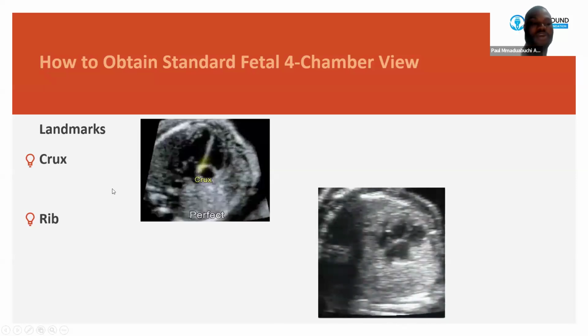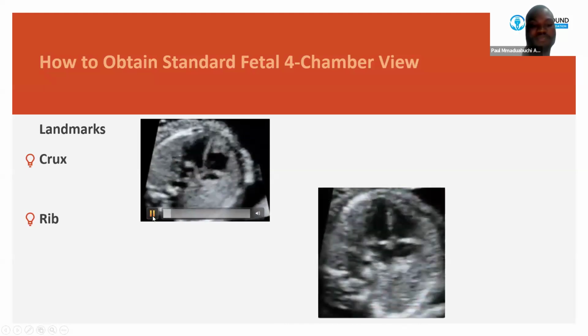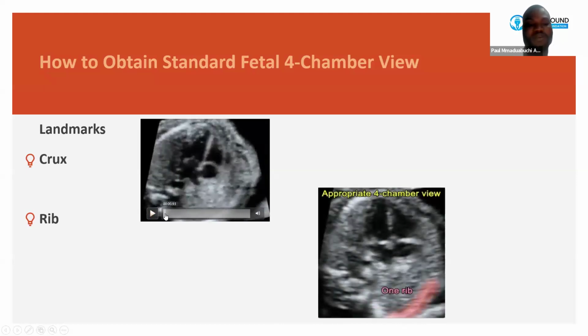So when it comes to the center of the heart, it is very important that if you are manipulating your probe and you see the cross, where the tricuspid valve is more apical than the mitral valve, this is a perfect view.